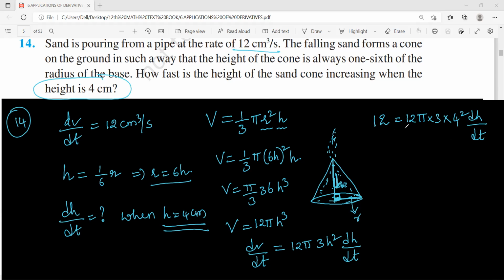Everything is substituted. Then that's what dh by dt is. It's a small quantity, the change in a small quantity. What is that? 1 by 16 threes, 48 pi. So this is centimeter per second.